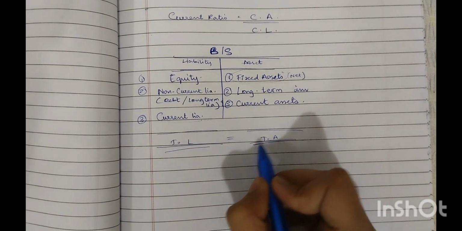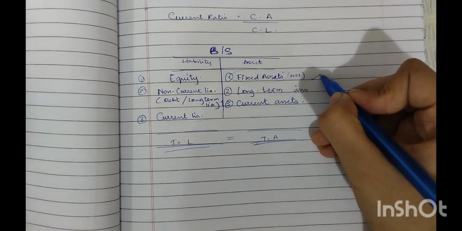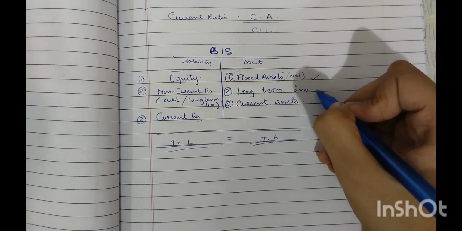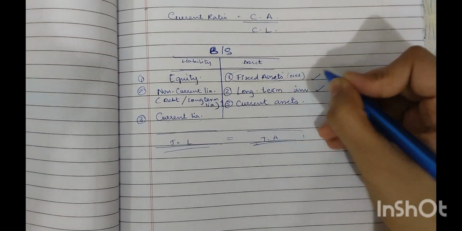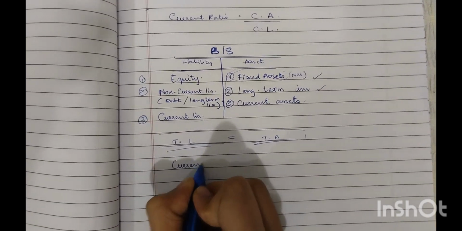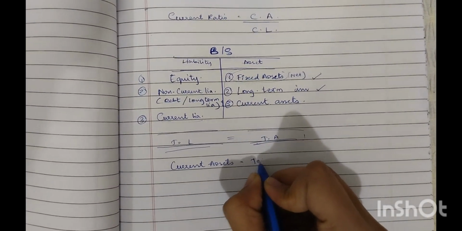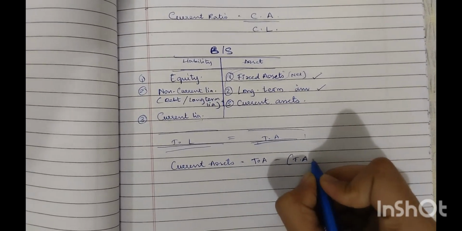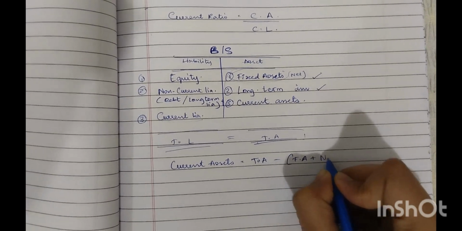So here we have total assets. We need current assets. Fixed assets are given as fixed tangible assets 10 lakh. Non-current investments are given 6 lakh. So current assets will be total assets minus fixed assets plus long-term investments. So current assets equal to total assets minus fixed assets plus our non-current investments.